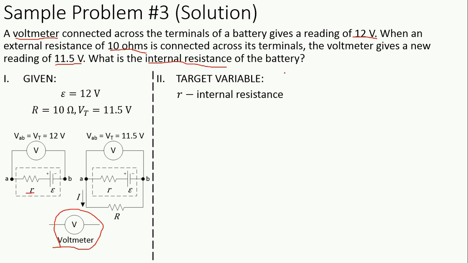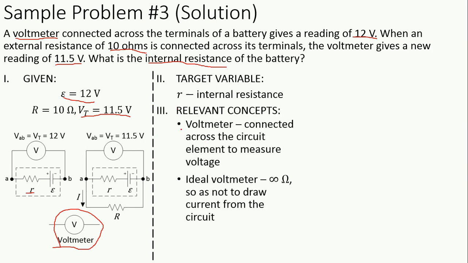So maybe at this point, you may be wondering how we determined that the given 12 volts is the EMF and 11.5 volts is the terminal voltage. So we need to review the relevant concepts required to solve this problem.